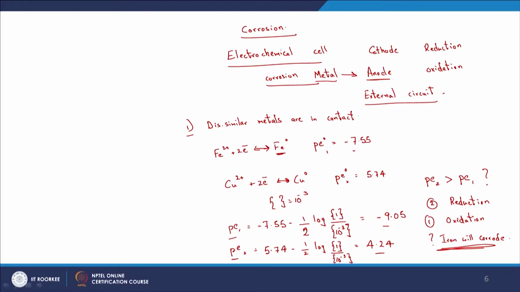So obviously when you want to control such corrosion due to contact between two dissimilar metals, what can you do now? You can have an insulation material between these two dissimilar metals. So what are you trying to achieve there? This insulation means you are cutting down on that external circuit.